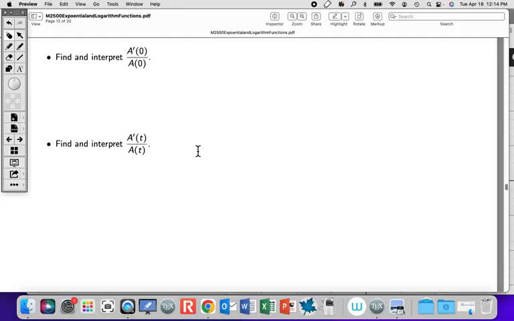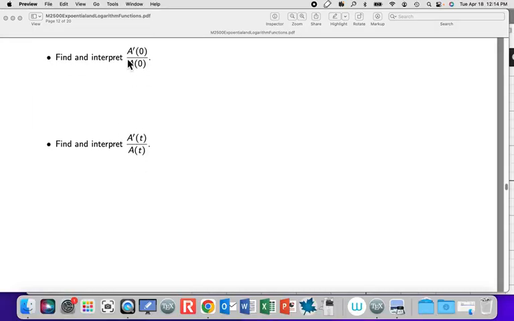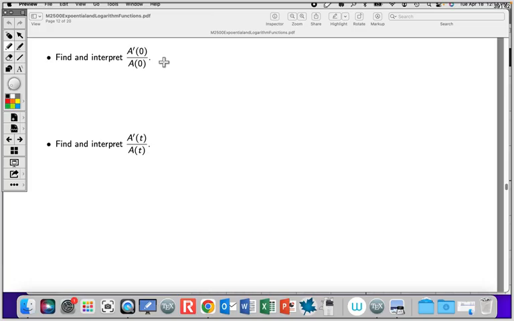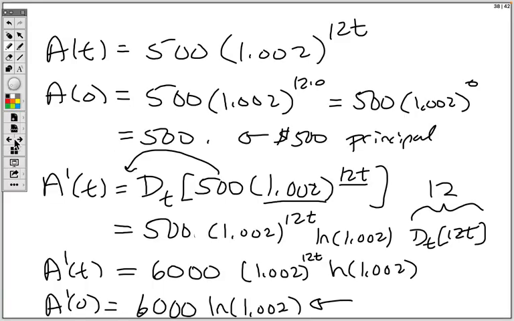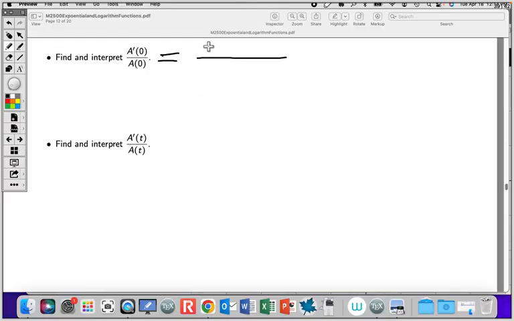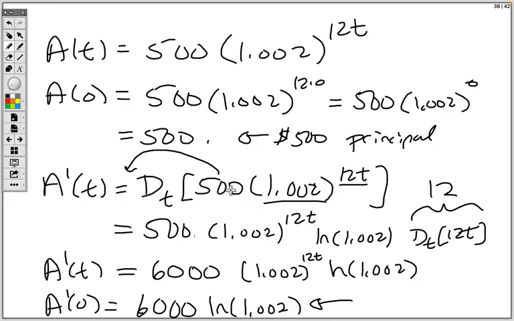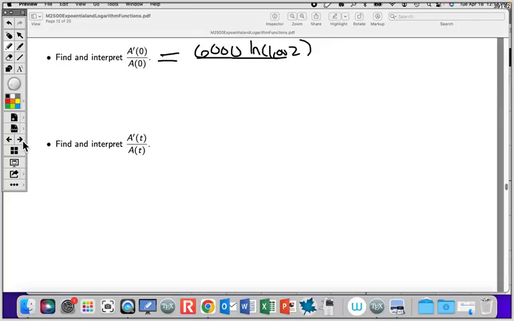Find and interpret A prime of 0 divided by A of 0. So A prime of 0 divided by A of 0, well, I've got those numbers here. 6,000 natural log of 1.002 divided by 500.